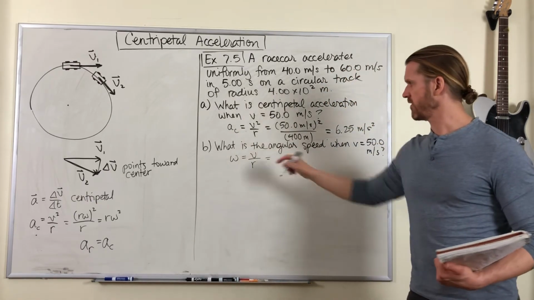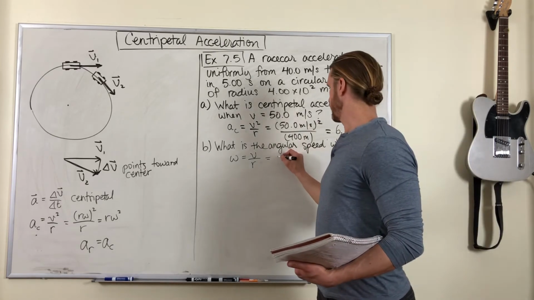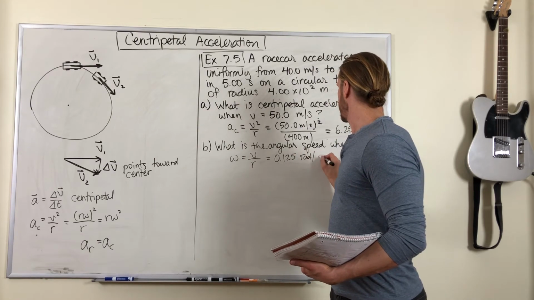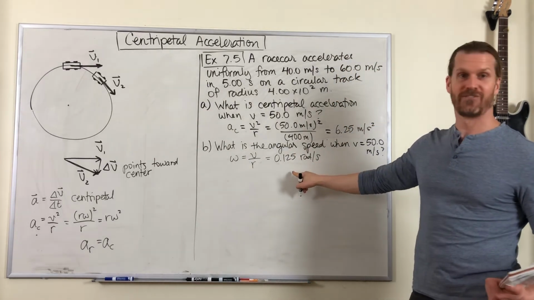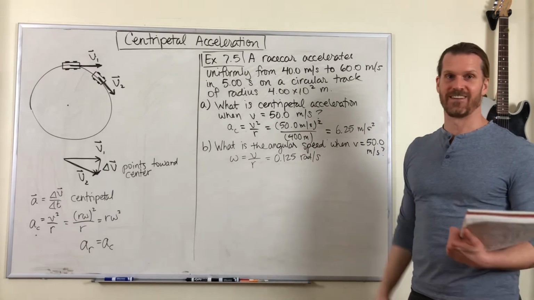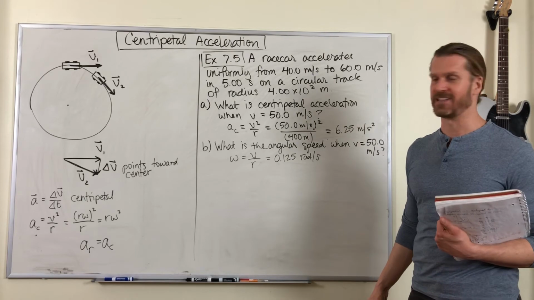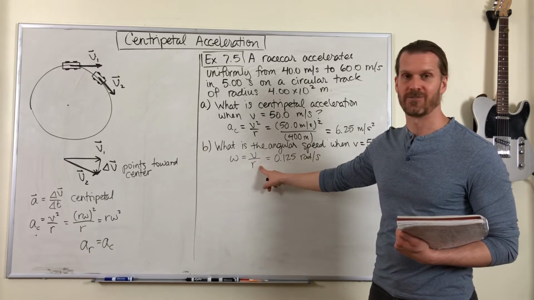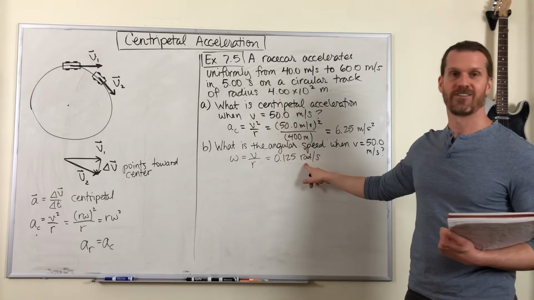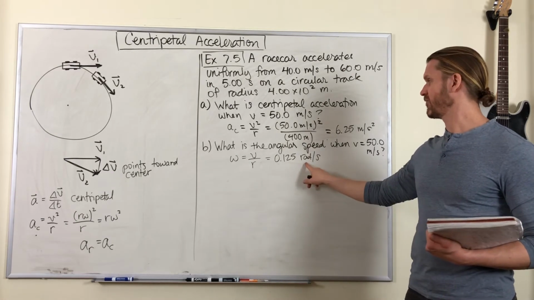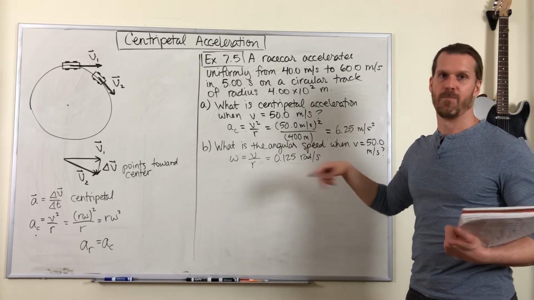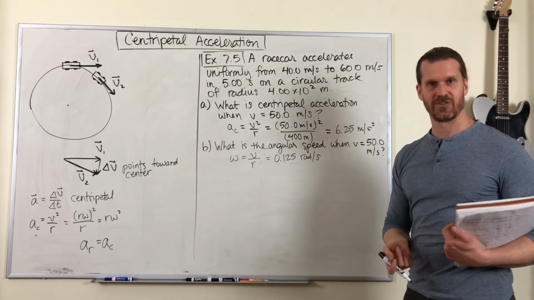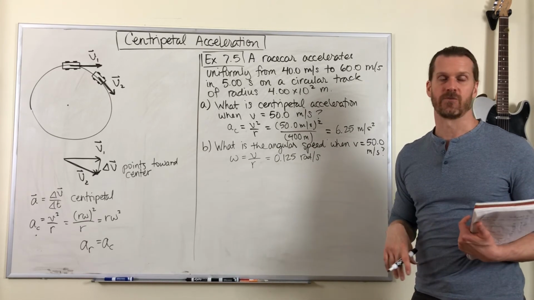So 50 meters per second divided by 400 meters, and that gives you 0.125 radians per second. And like I was mentioning in the last video, these radians can disappear or they can appear when we need them to. In this equation, v is meters per second, r is meters. There's no radians here, and yet over here suddenly there's radians. This is just to remind ourselves that we're talking about a measure of angle. It's not saying that radians really have a physical dimension to them. It's just kind of a reminder that we're dealing with angular motion.